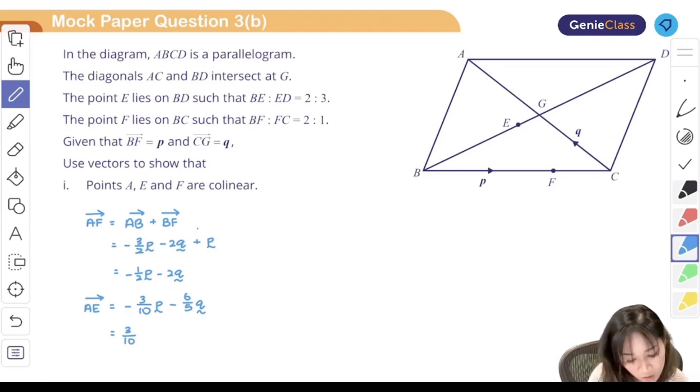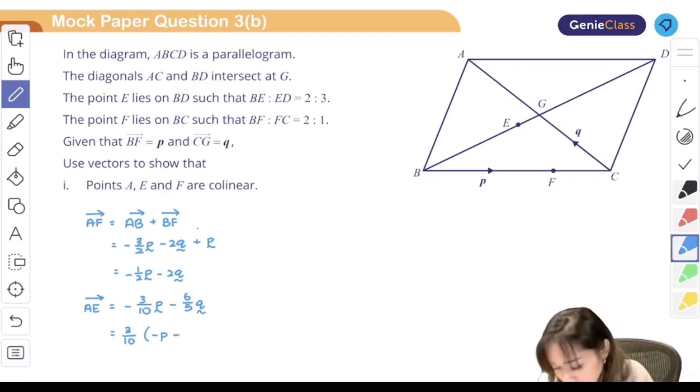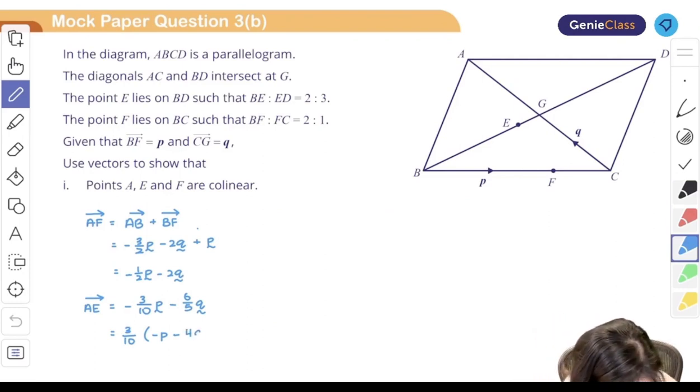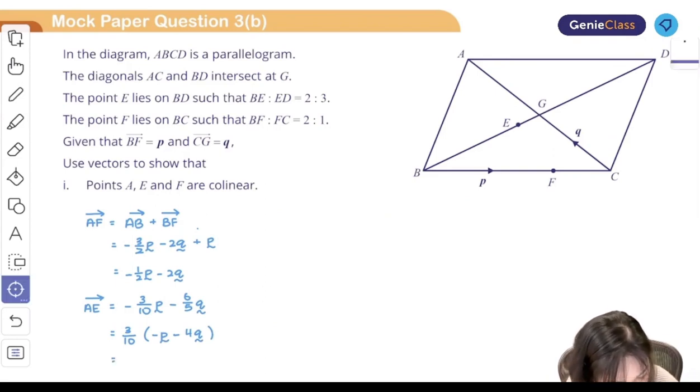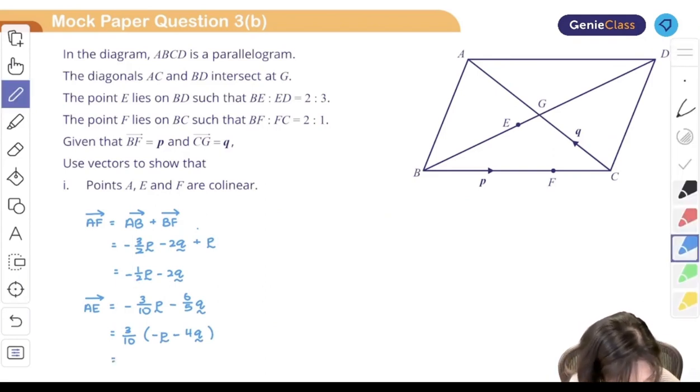If I factorize out 3 out of 10, then I get negative p minus 6 over 5 divided by 3 over 10. That's going to give me 4q. Then I see, oh, I need half and 2. So I divide this, so it's 3 over 5. Then I multiply in the half, so I get negative half p minus 2q.